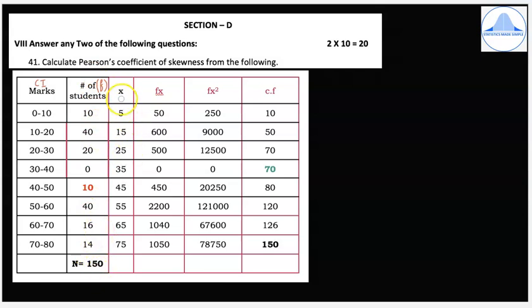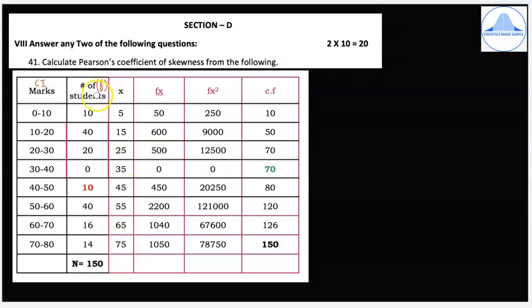Next, I will find out the midpoints of each of the class intervals. So 0 plus 10 is 10, 10 divided by 2 is 5. Next is 10 plus 20 is 30, 30 divided by 2 is 15. Similarly, you get 25, 35, 45, 55, 65, 75, which are the midpoints for all the class intervals.